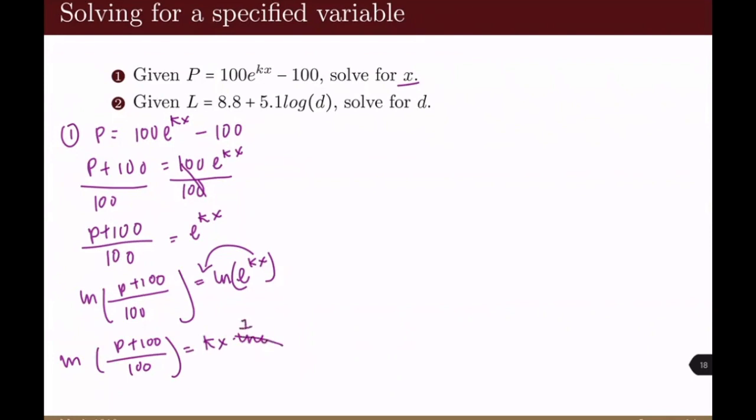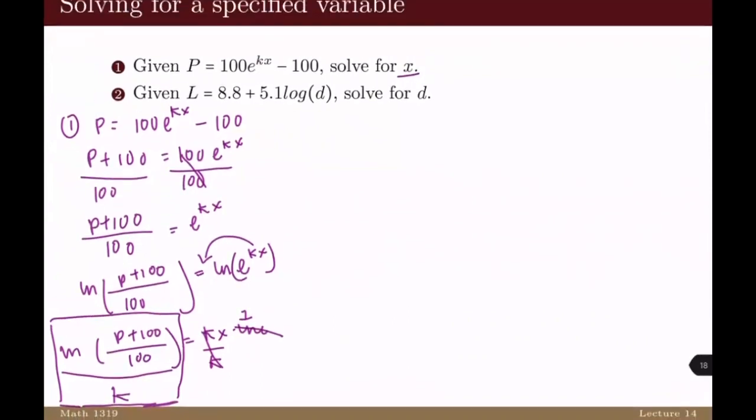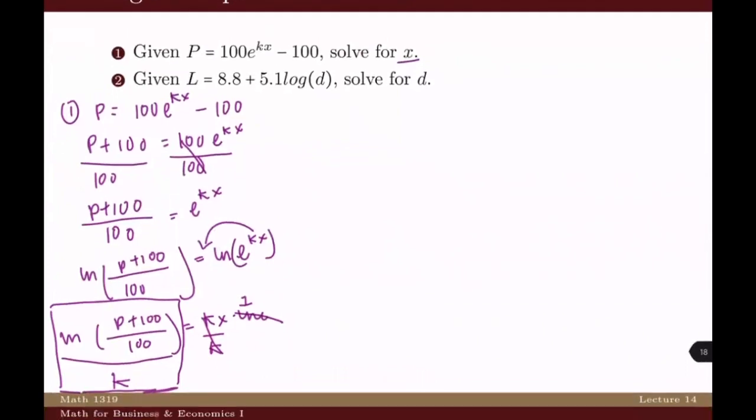So I just need to divide each side by k. And I get x equals the natural log of P plus 100 divided by 100, all divided by k. So hopefully y'all didn't think that was too bad. Let's do the second part.